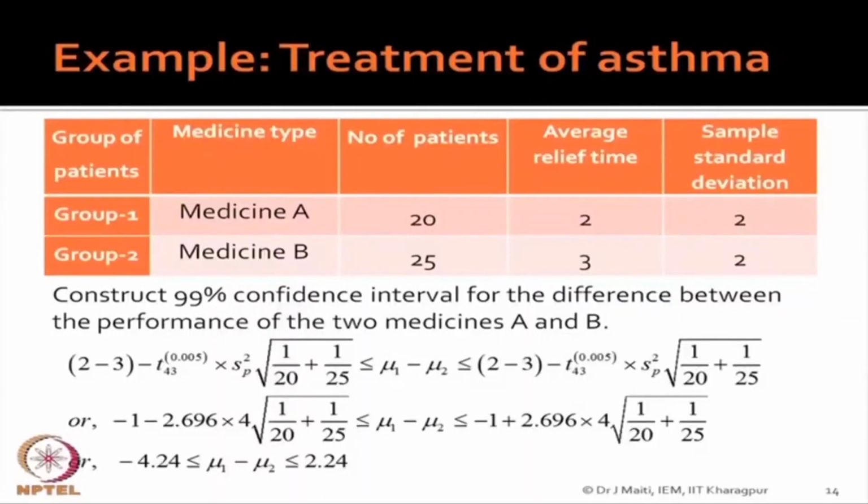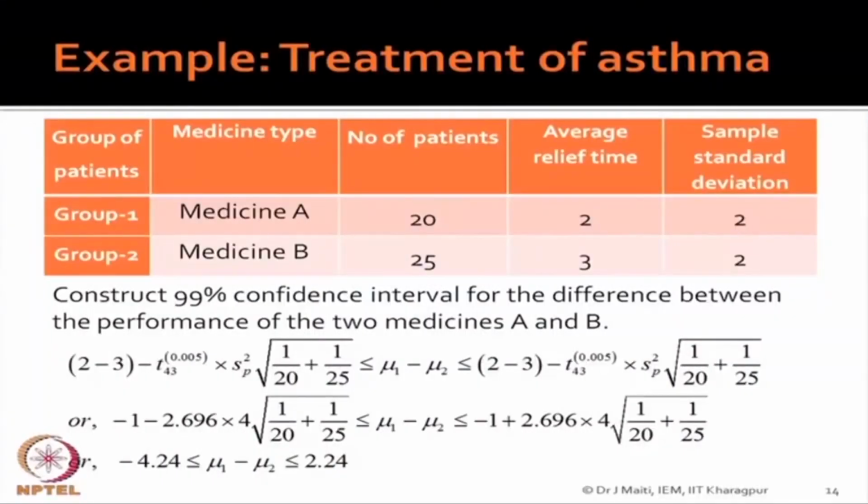The manufacturer is claiming that both medicines work as usual, that they are comparable. When we talk about comparison, one of the issues is the mean value. You have to find a response variable. The response variable is, once I take the medicine, how long it will take me to get relief from the asthmatic problem, that is, the average relief time.